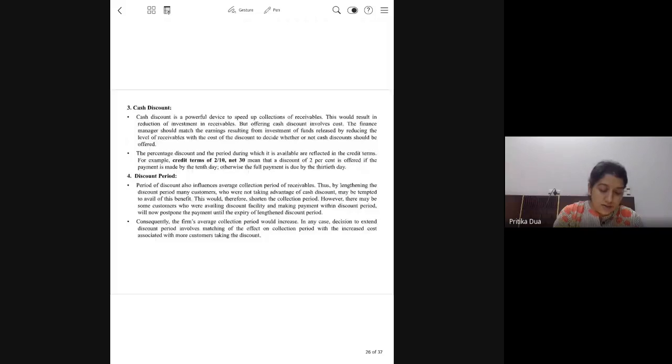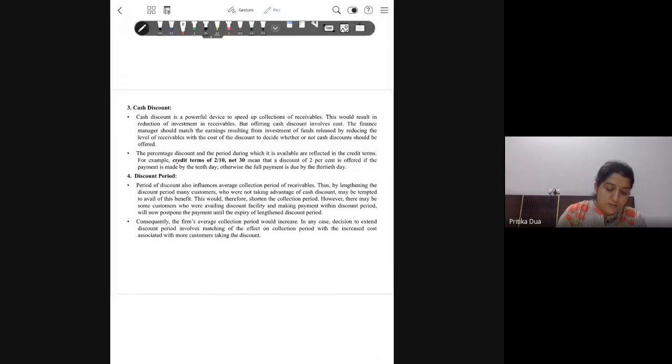Third is cash discount. As I explained, there is another way of quoting the cash discount. If you have a look here, credit terms of 2 by 10 net 30. So this means 30 is the credit period. The debtor has to make the full payment by the 30th day.